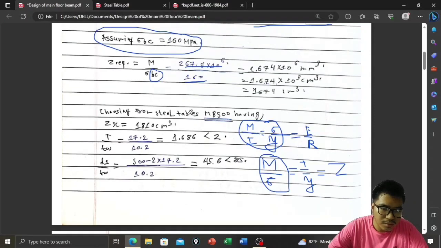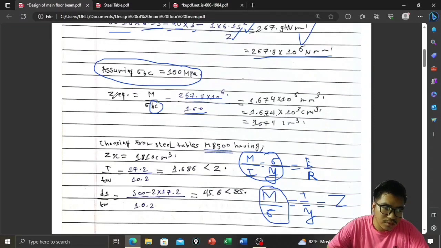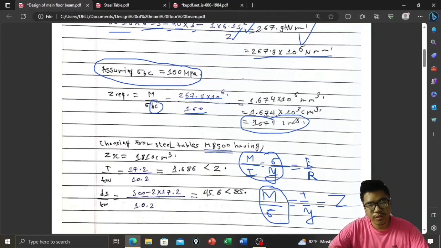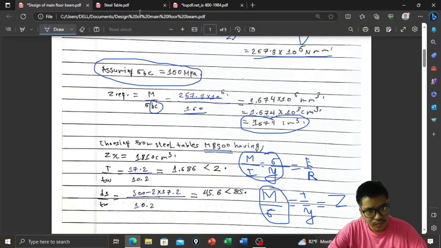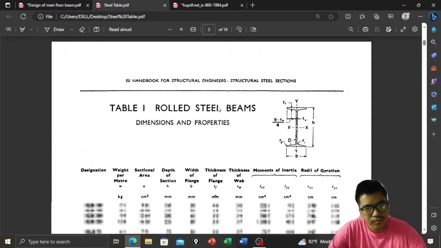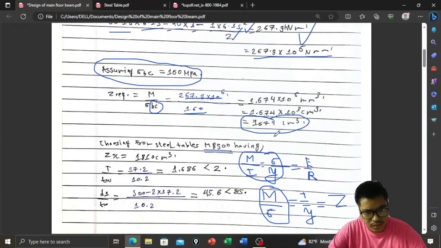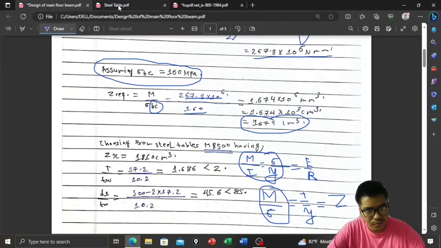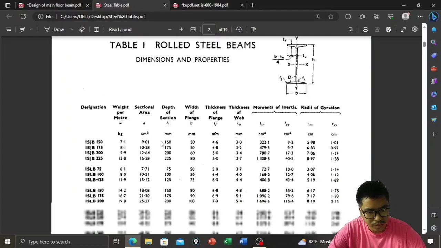Choosing from the steel table, Z required must be greater than 1674 centimeter cube. So this is a beam, so we use an I section, and Z should be greater than 1674 centimeter cube.